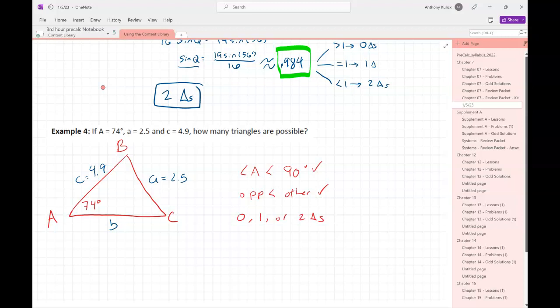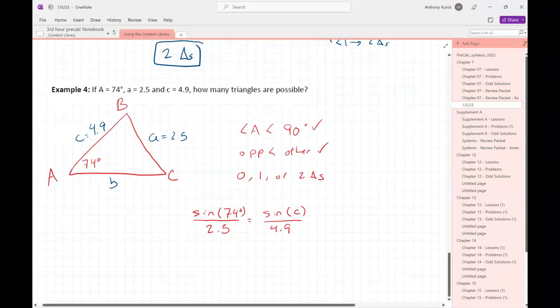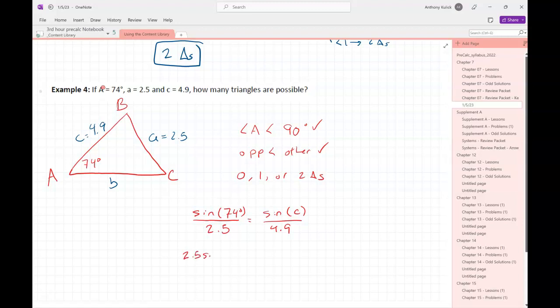Everybody's cool? All right. So again, what we do is we just set up a law of sines. So sine 74 over 2.5 equals sine of c over 4.9. We'll cross multiply and divide to get the sine c by itself.